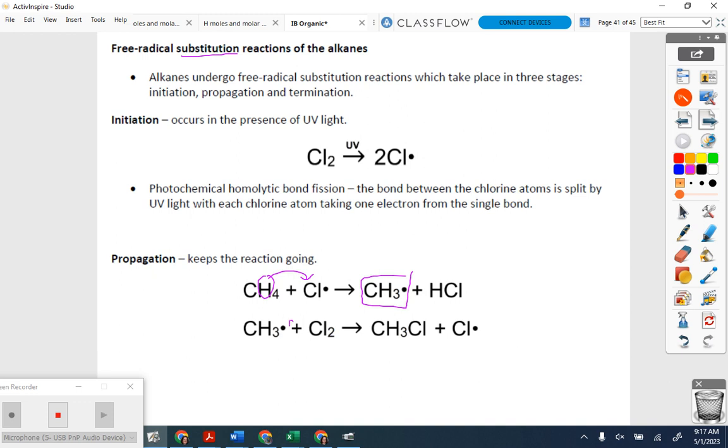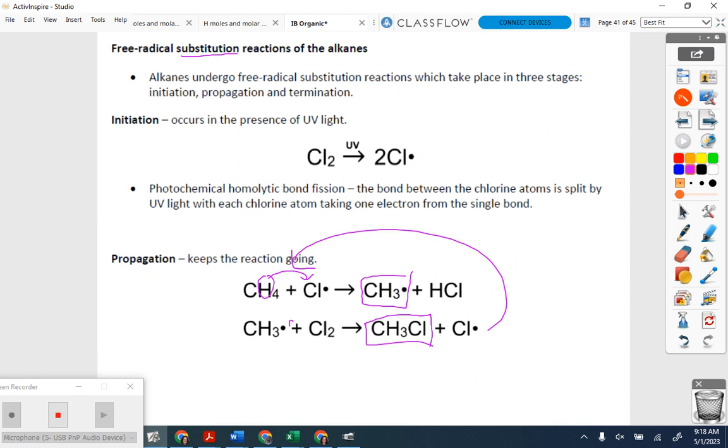It's going to take one of the chlorines to make this chloroalkane, and then the chlorine that's left behind, plus one of the electrons of the bond, is going to have a free radical again. And guess what? This is just going to keep going back and forth. It's a cycle. Hence the term propagation.